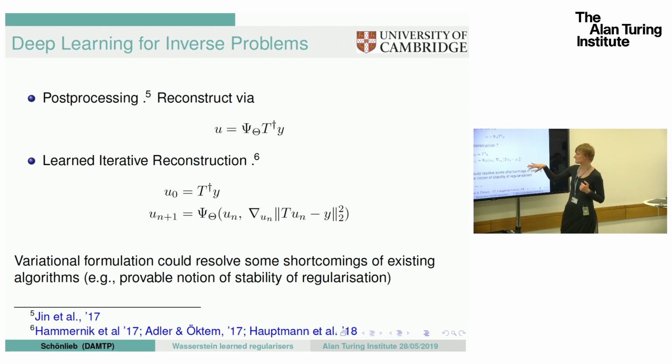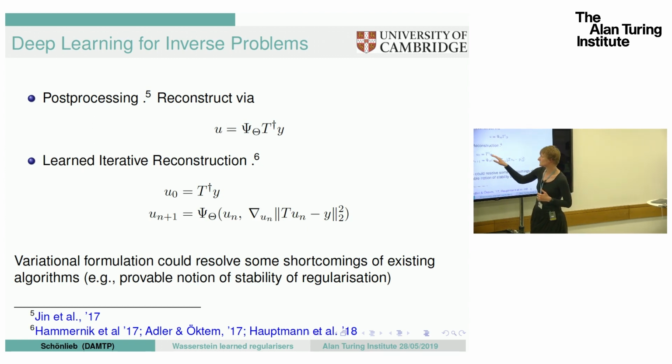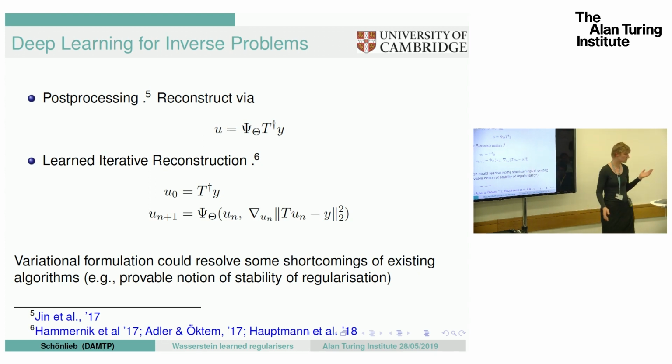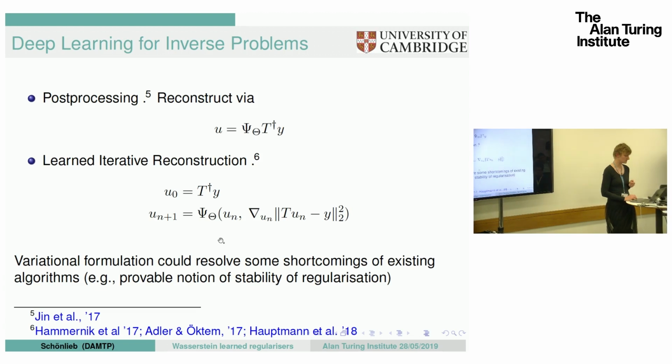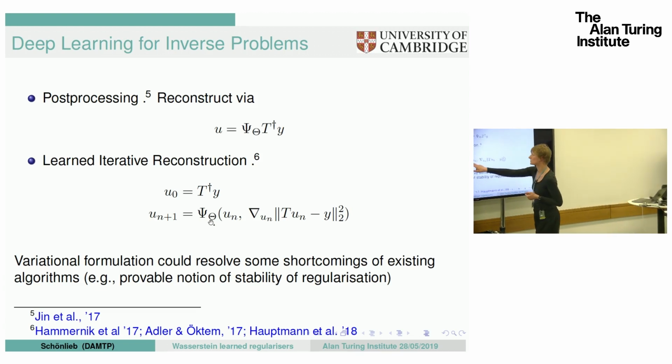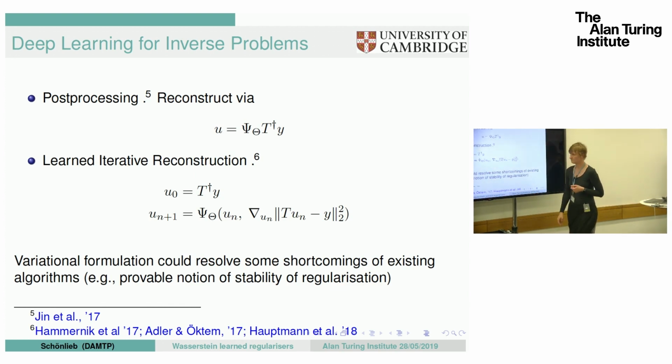Okay? So basically I'm iteratively reconstructing, always feeding in both the information from the image and from the data space. Okay? And then you pick a certain number of iterations and you learn this psi theta, which can also, by the way, change with the iteration. Okay?